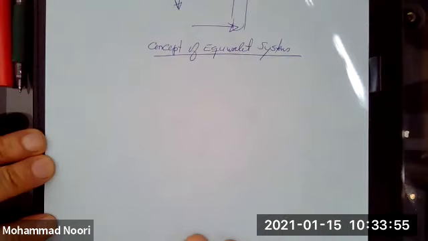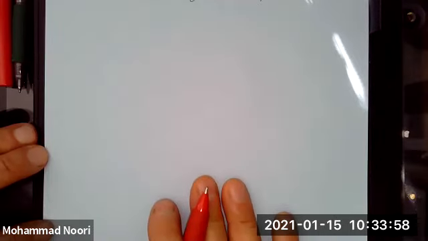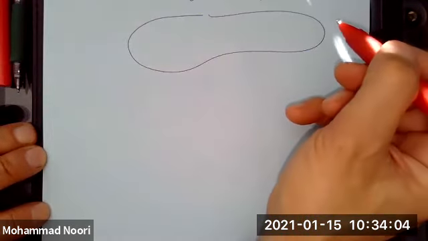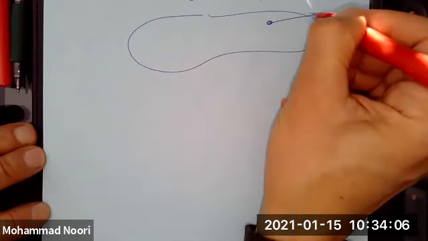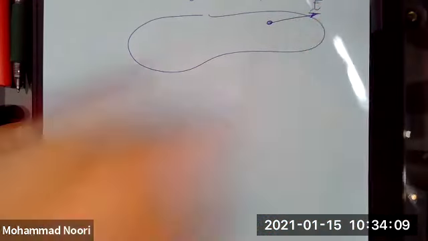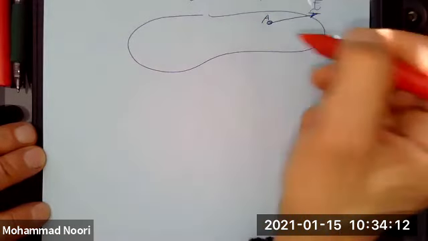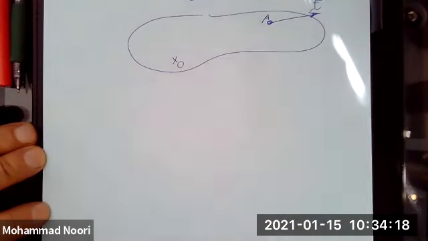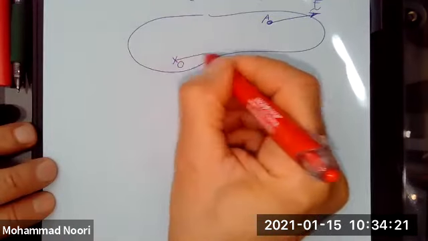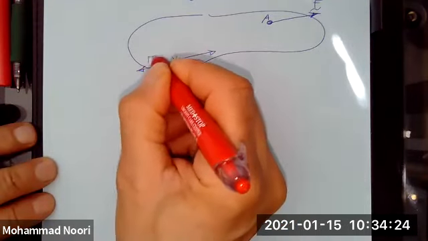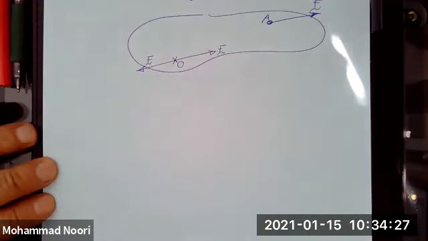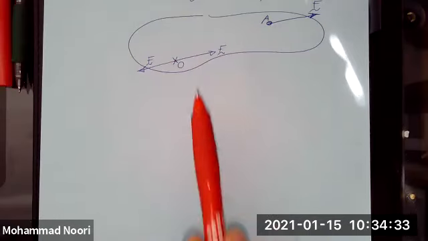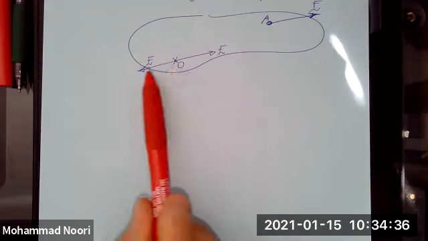And what is that? We want to demonstrate this. Let's say you have an object and you have a force F acting on this object at point A. How about if I consider another point on this object, point O, and I put two forces equal in magnitude and opposite direction at point O. I haven't changed anything on this object because these two simply cancel each other, don't they?